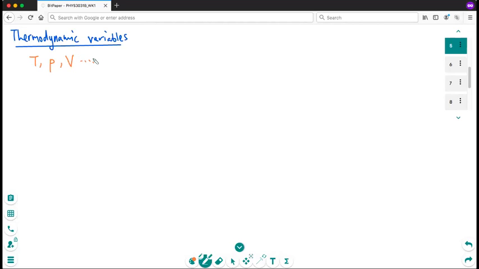And keep in mind, we are not talking about anything microscopic here. These are the macroscopic things that you can measure without looking at the system at the microscopic level. You don't need to talk about the constituents of this gas, right? When you learn about the kinetic theory of gases, your starting point is different. You look at the individual particle.